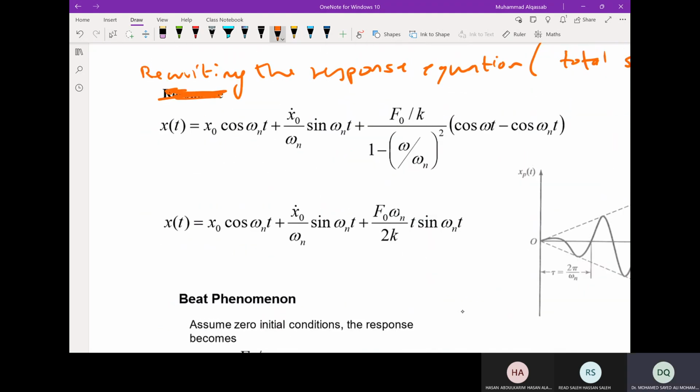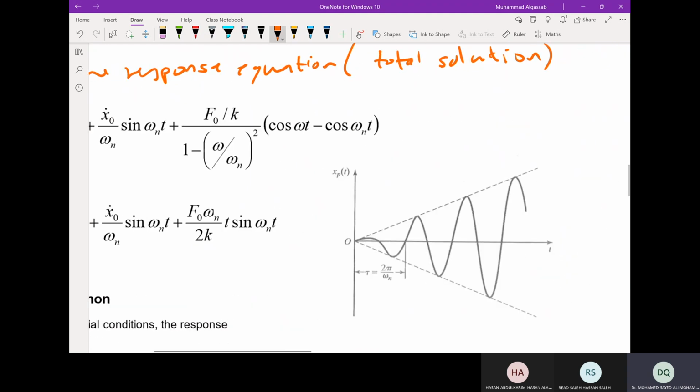And as I told you, I will take F naught over k over 1 minus omega over omega n squared as a common factor, times cosine omega t minus cosine omega n t. This is the same as the previous equation.